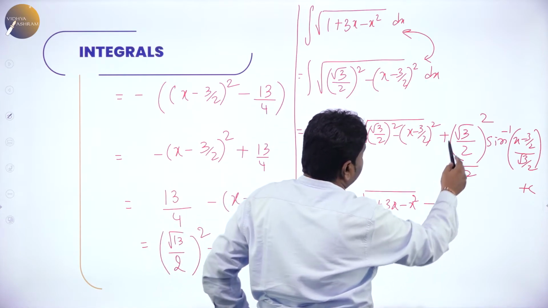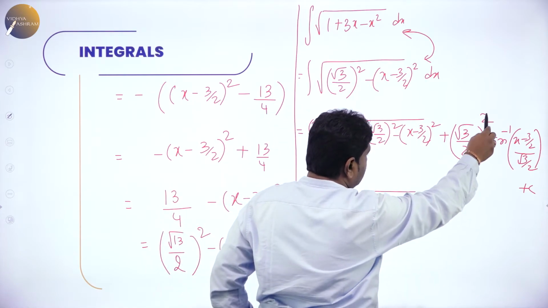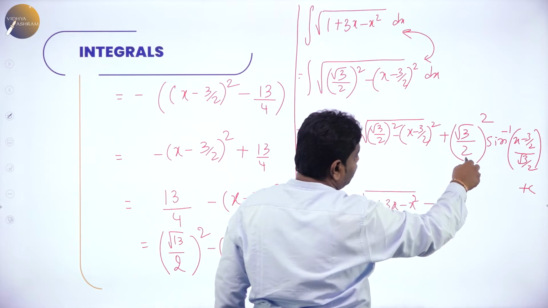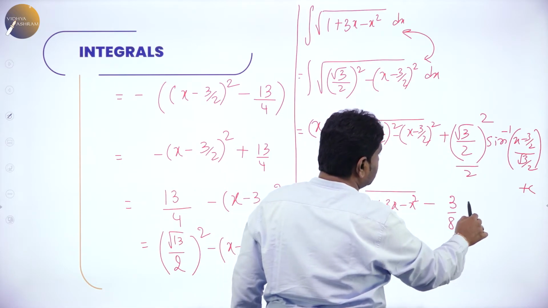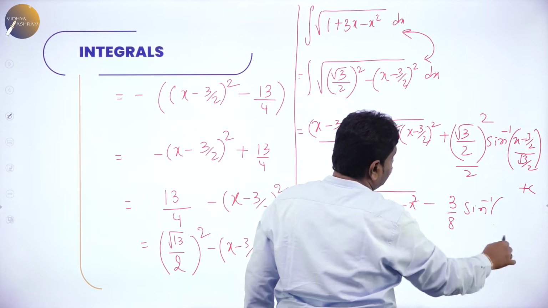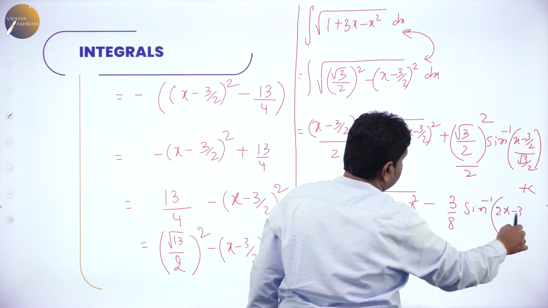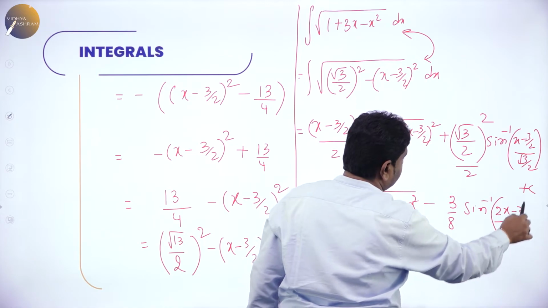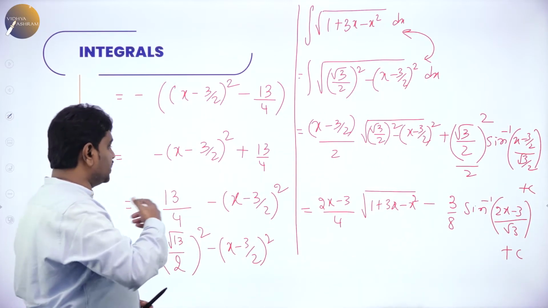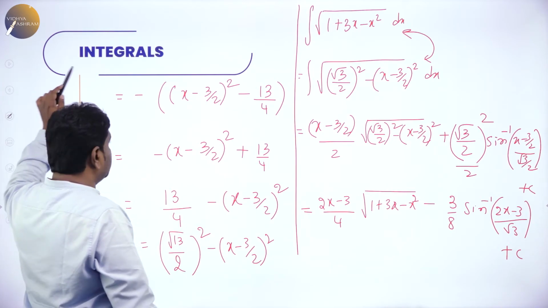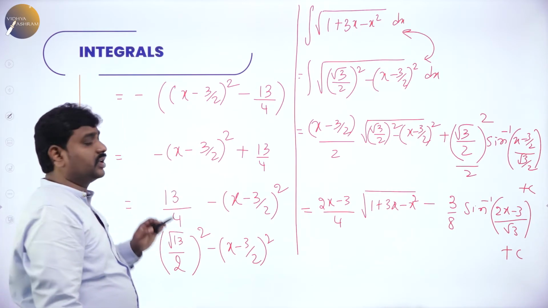Then we have (root 13 by 2) the whole square becomes 13 by 4, by 2, it will become 13 by 8. Sin inverse of numerator becomes 2x minus 3 divided by root 13, plus c. After taking LCM and simplifying, you'll get this as the answer. So here again we used the method of completing the square.